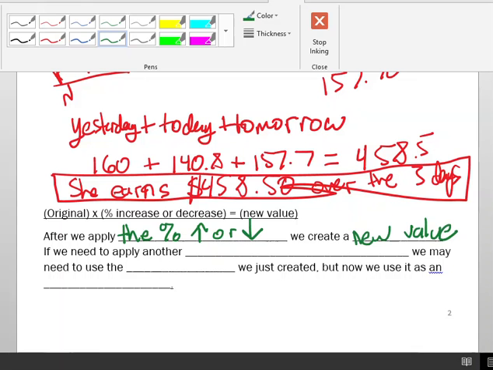So therefore, if we need to provide another percent increase or decrease, we may need to use the new value we just created, but now we use it as an original value.